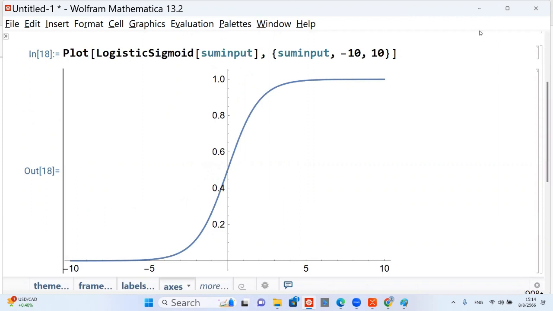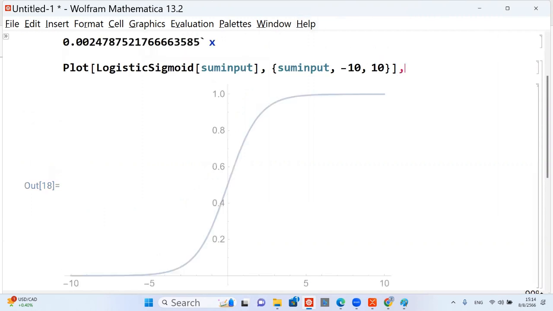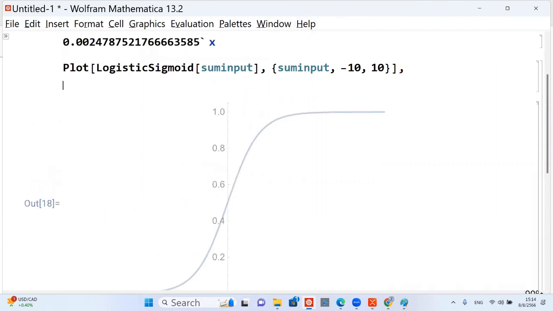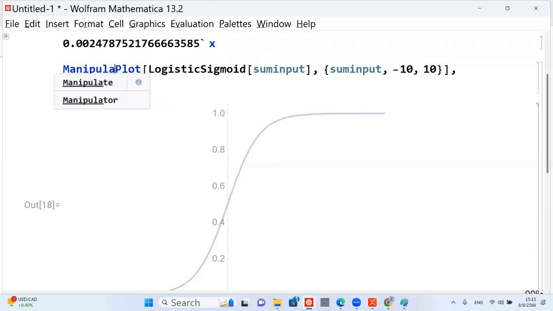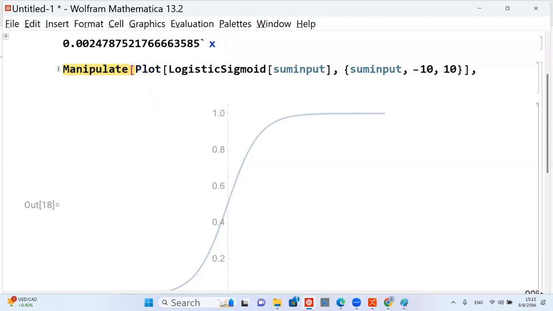Now, let me just play around with it. So how about manipulating the, I just want to show you, okay? Manipulate this, from -A to A. Why can't I get, okay, A, okay?